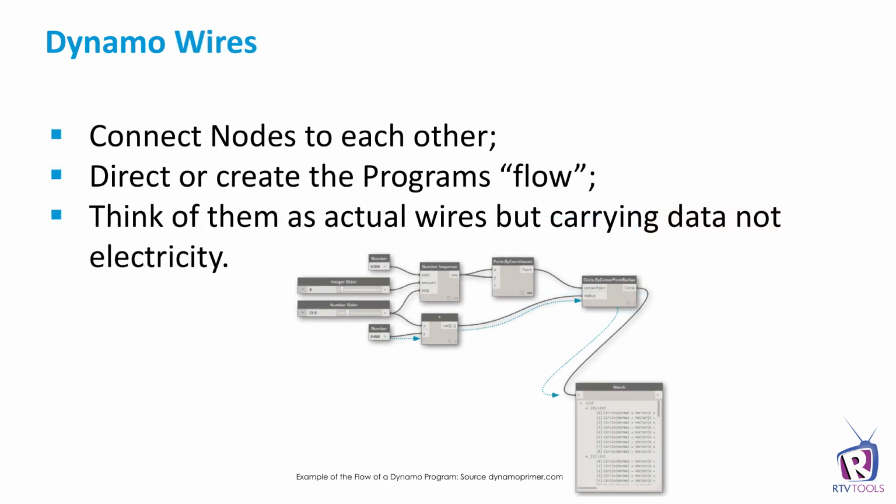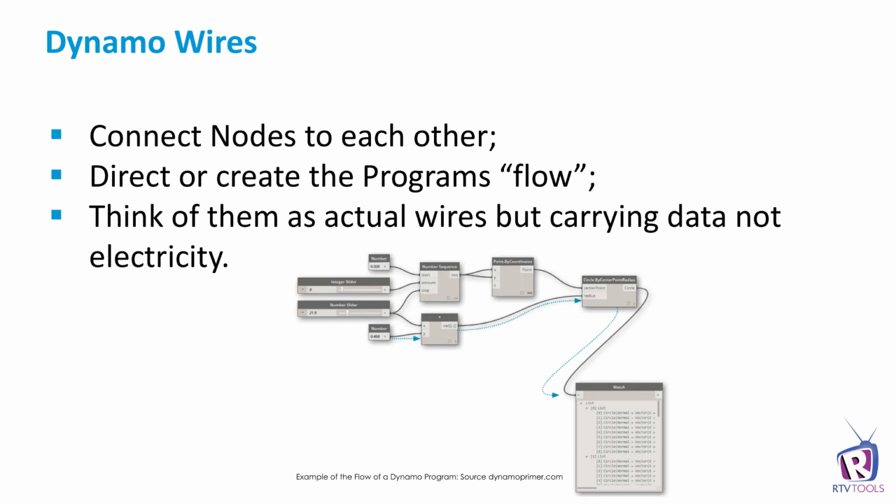The wires, this is how we connect the information, and again we work from a left to right flow. We're taking the outputs from a node and we're passing them to another node's inputs. As we wire these together, going from out to in, I prefer to work in a left to right flow, but some people work up and down, or they can quite quickly end up back on themselves.